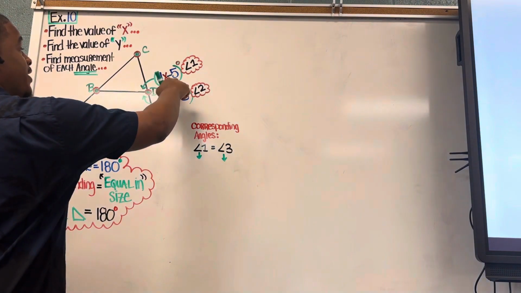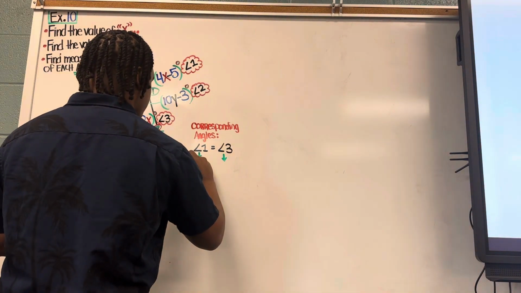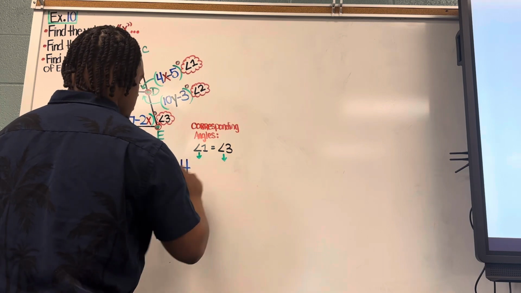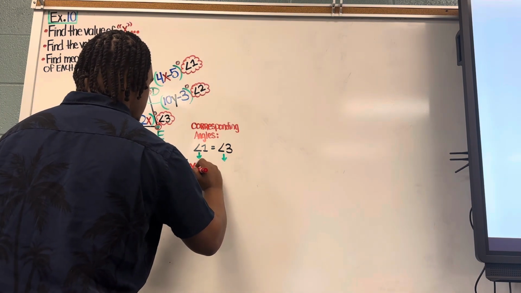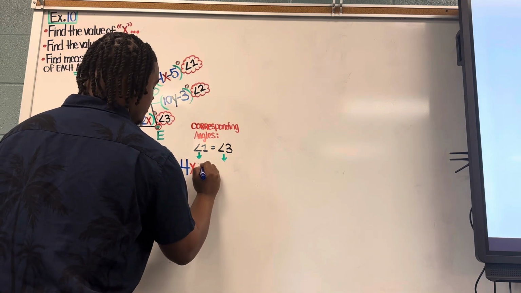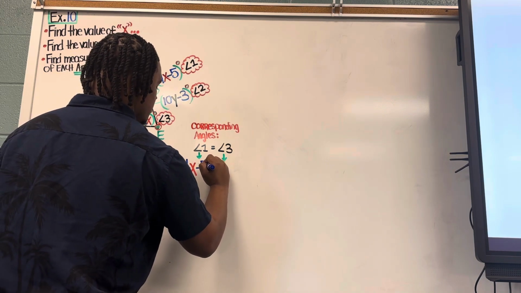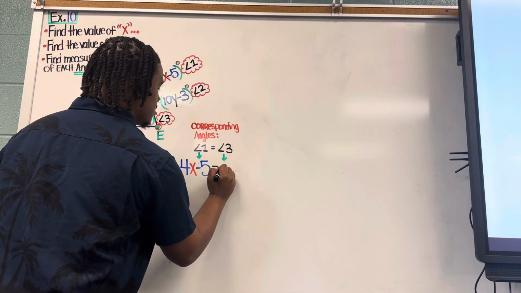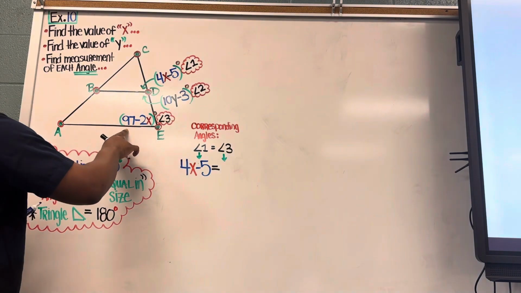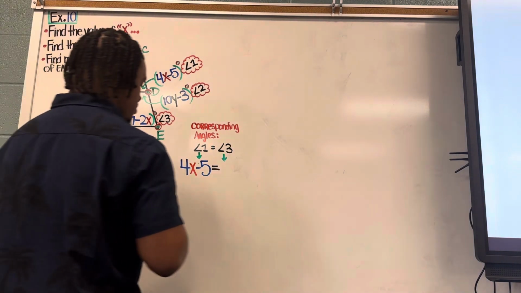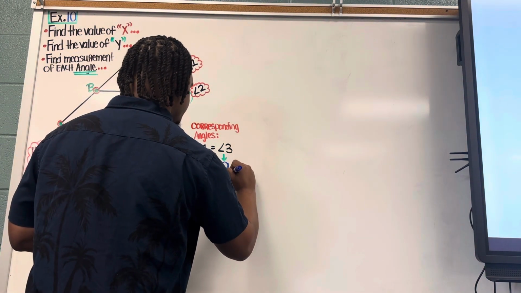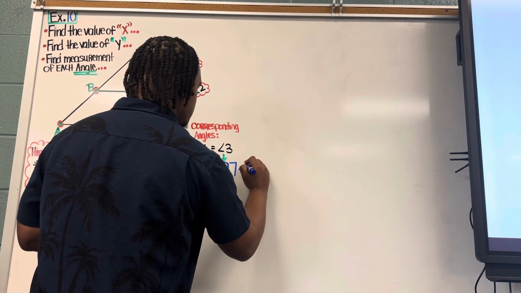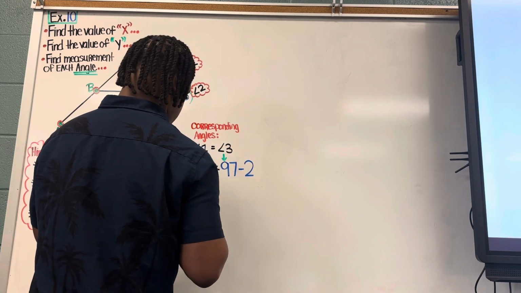So angle 1 is 4x minus 5. Let's go ahead and put that: 4x minus 5, okay, equals angle 3, which is 97 minus 2x.